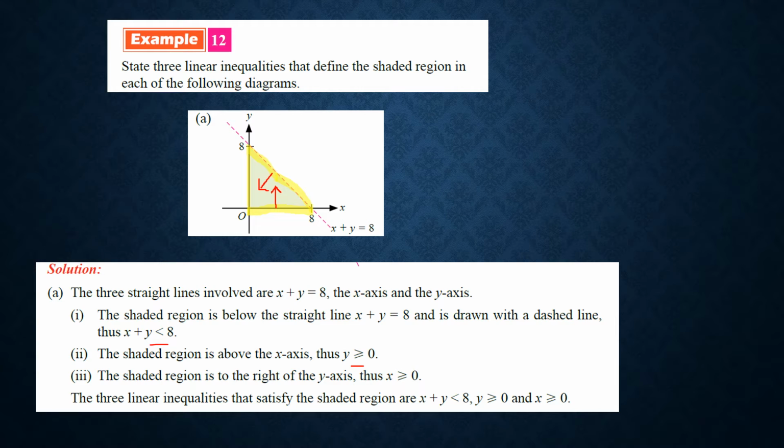Equal because you have this continuous line. Then for x equals to 0, also going to the right, so it should be greater than or equal to 0. So the three linear inequalities that satisfy the shaded region are x plus y less than 8, y greater than or equal to 0, and x greater than or equal to 0.